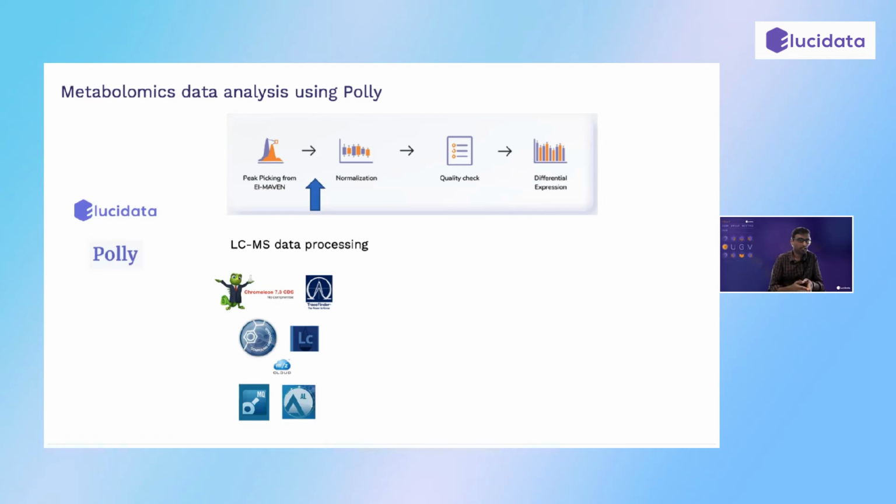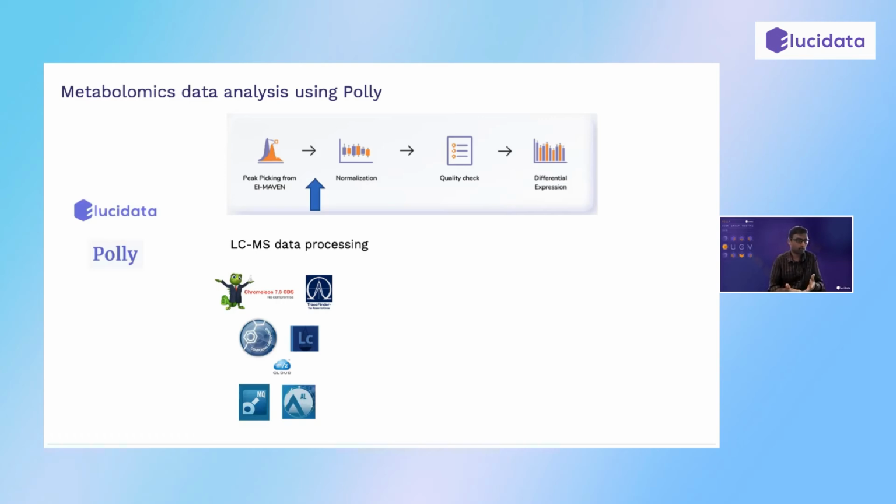For the mass spec data processing, there is an option for the user to either use El-MAVEN or the vendor tools. I think we are using vendor tools because we are familiar with them, and the users are trained in those tools.